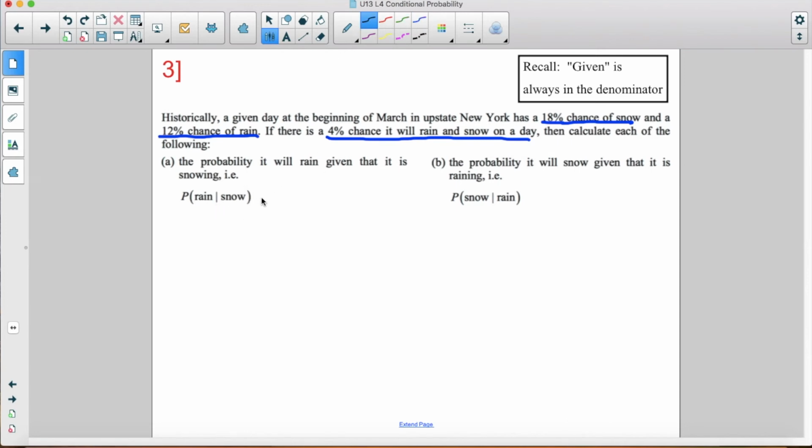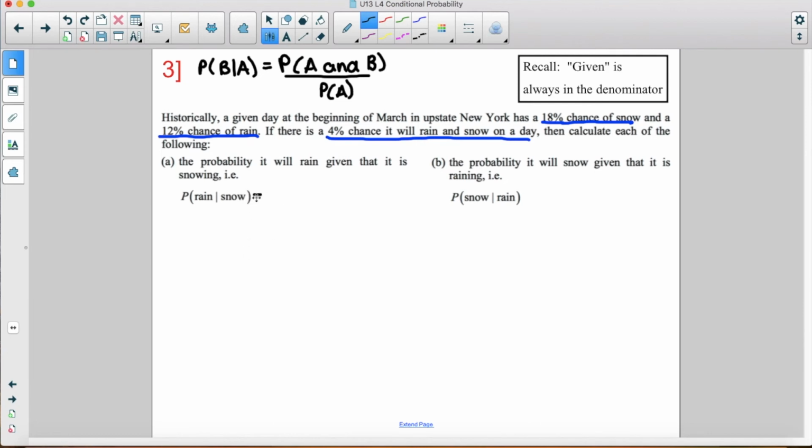So just remember the probability formula: the probability of B given A is equal to the probability of A and B over the probability of A. So the probability of the given goes in the denominator.